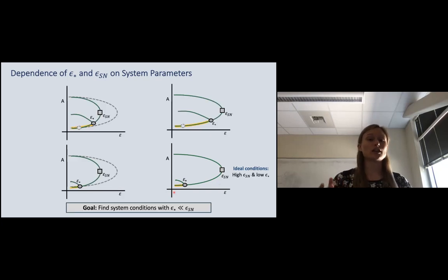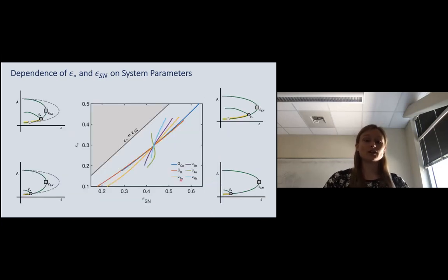So as we change different system parameters, the two of them are going to move together. So the ideal conditions are in this bottom right. But then, for example, in this bottom left, what could happen is that epsilon star stays low, but the saddle node bifurcation bumps in as well. And you get the other combinations on the top as well. So again, the goal is to find conditions with high epsilon saddle node and low epsilon star.